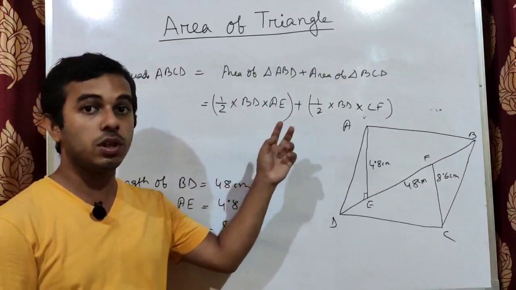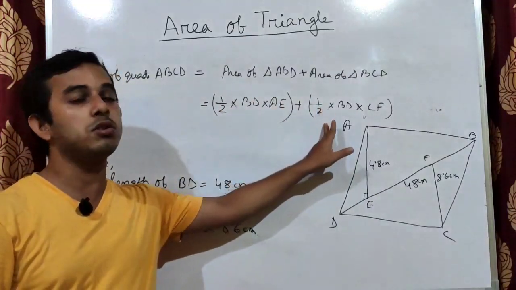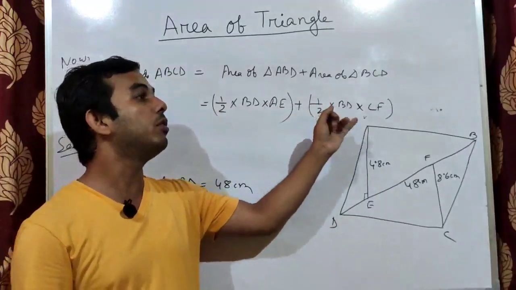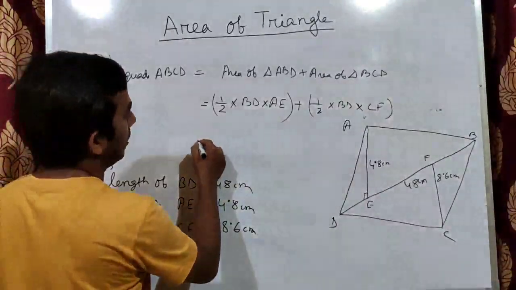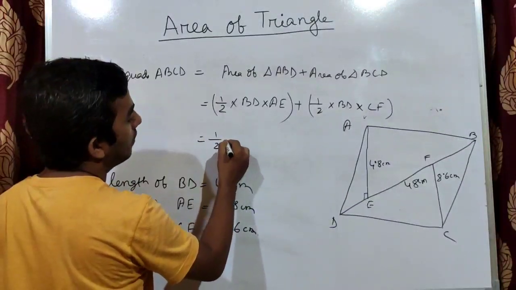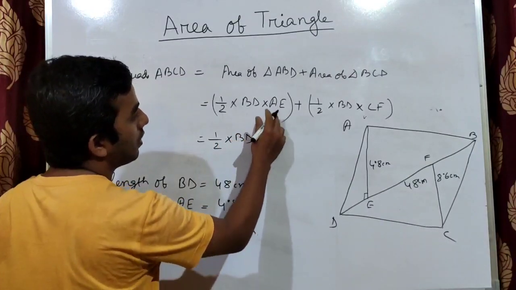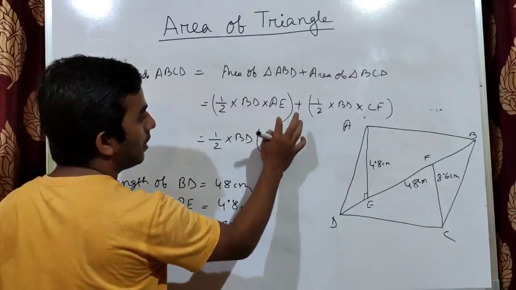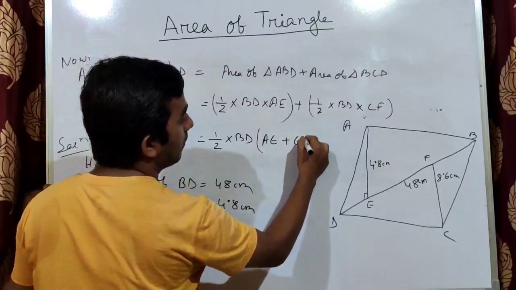Now look at one thing. From both the terms, two things are common: half, there is also half, so we can take half common. Another is BD. If we take BD common from both, it will be better for us in solving, right? So we will take common half into BD. Left is AE in this term, then the plus sign, then CF.